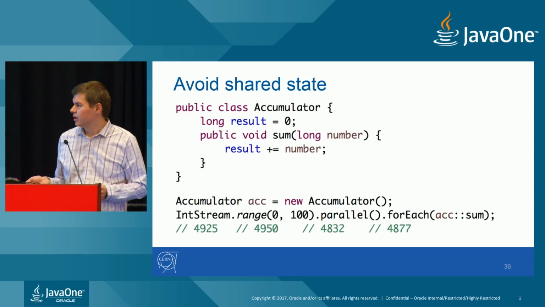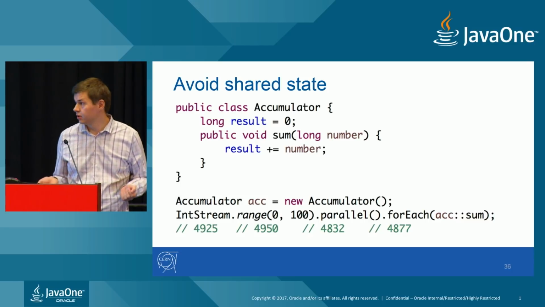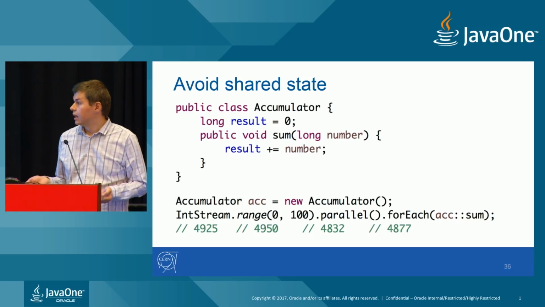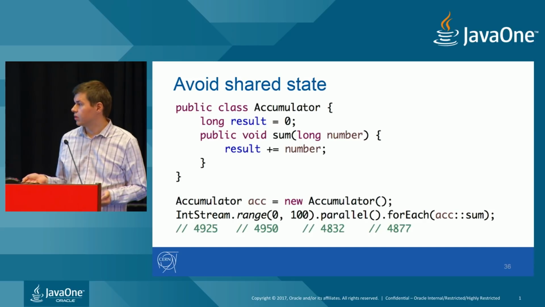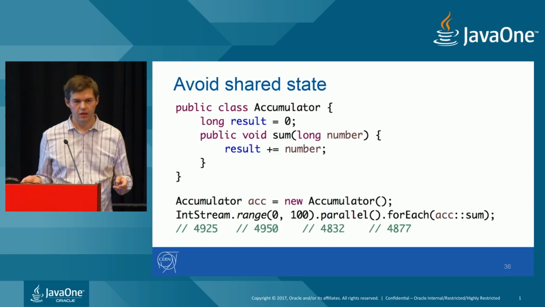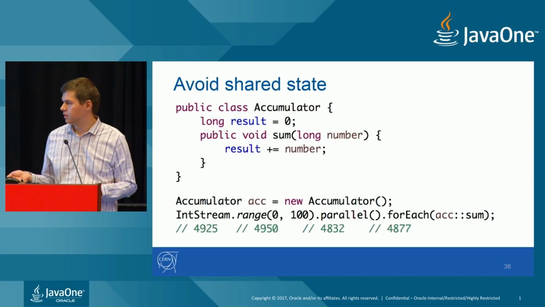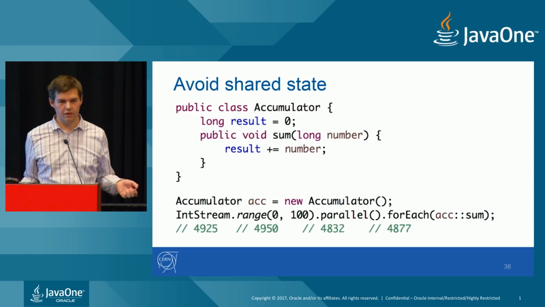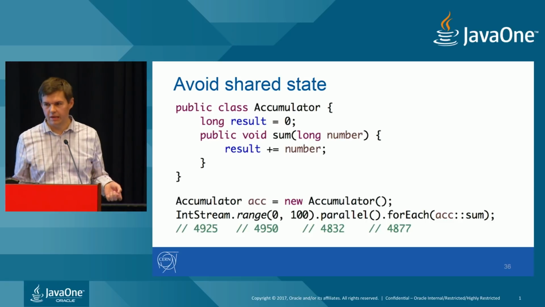Right now, if you instantiate your accumulator and try to invoke this in parallel, summing the numbers from 1 to 100, you're going to get different numbers all the time, because you're going to have race conditions all over the place.